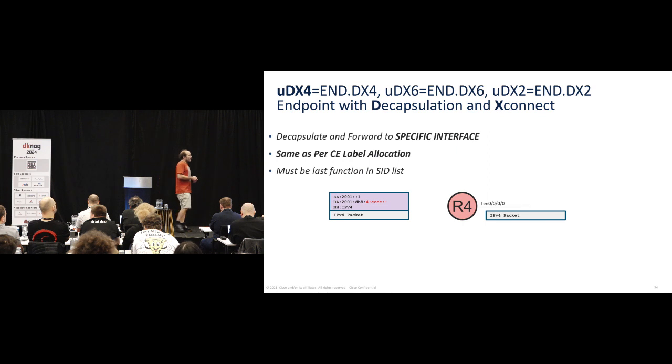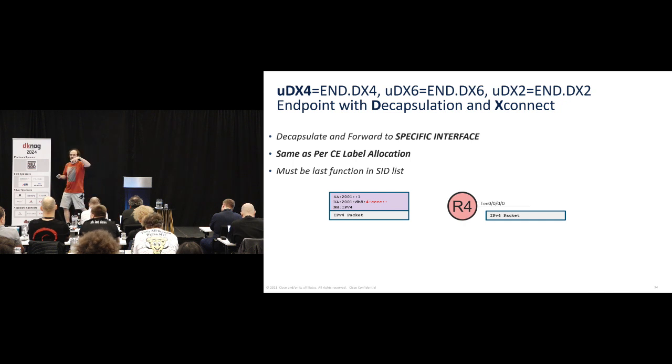Then I have a bunch of functions called End.DX. Right now, X is still cross-connect, so send to the specific interface this value was assigned to. And D means decapsulate. So this SID has to be always at the end of the stack.